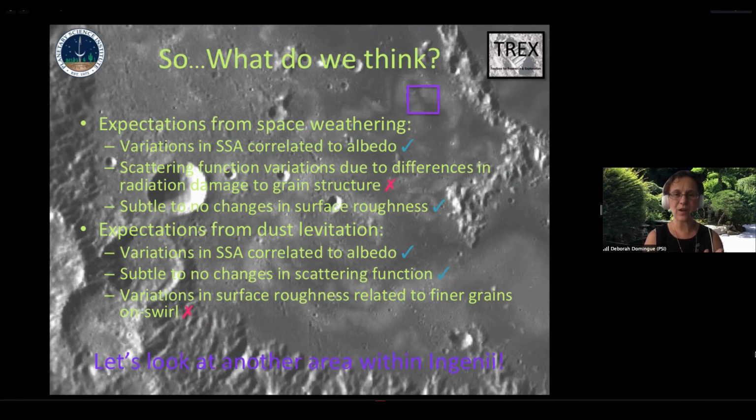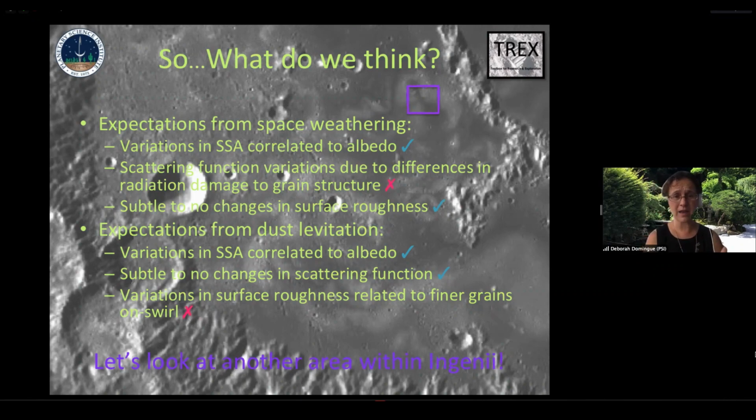The scattering function variations, we would expect to see differences in grain structure from space weathering. We expect to pick up radiation damage in the grain structure, but we don't see it correlated here. So that's why we have the red X under space weathering. We don't expect too much difference in grain structures between on swirl and off swirl with the dust levitation model.